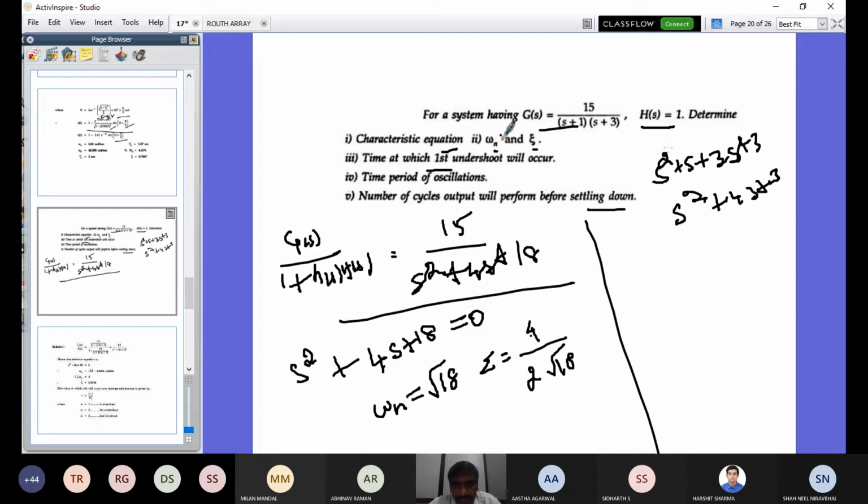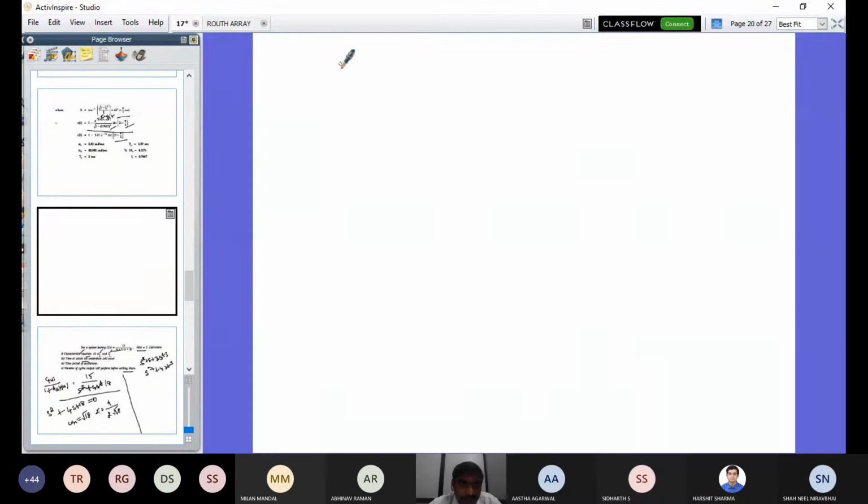What is next? We have the characteristic equation, omega n and zeta. Time at which first undershoot will occur. How to determine? Okay, consider this diagram.